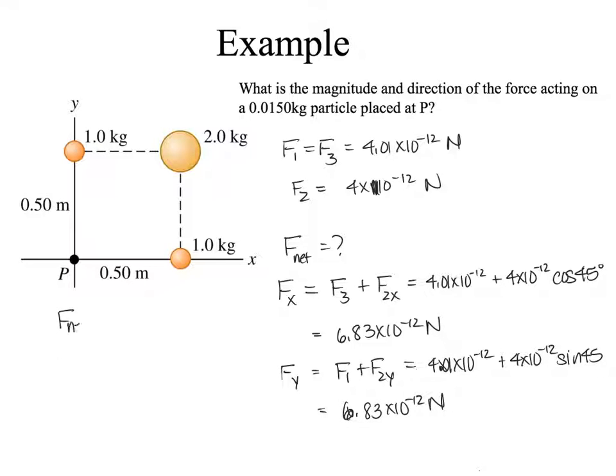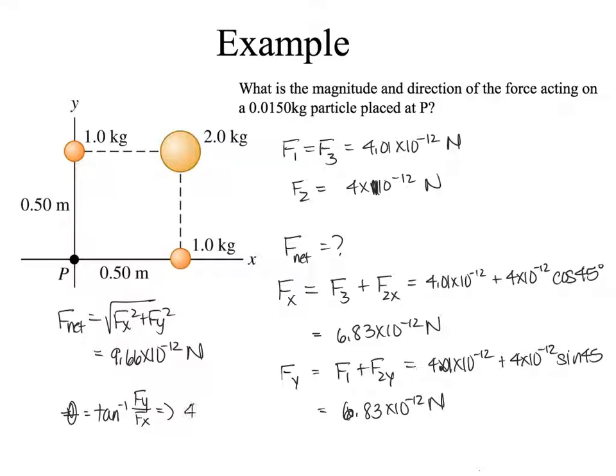So the total net force, we use the Pythagorean theorem, is 9.66 times 10 to the minus 12 newtons. And the angle is the angle whose tangent is the y component over the x component. Well, the x and y component are the same, and so our angle, we should see, will turn out to be 45 degrees. And so these are just some examples of how we sort of combine our knowledge of vectors with this new information about how we calculate the force of gravity.